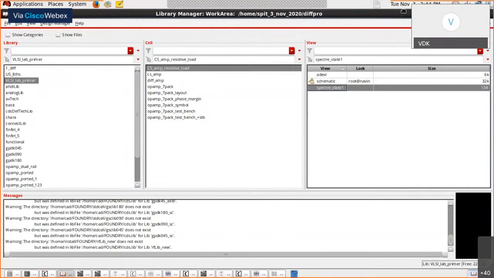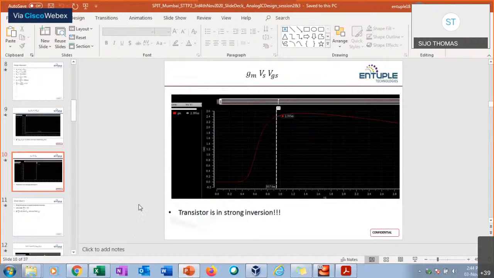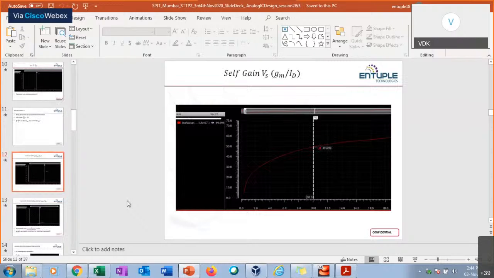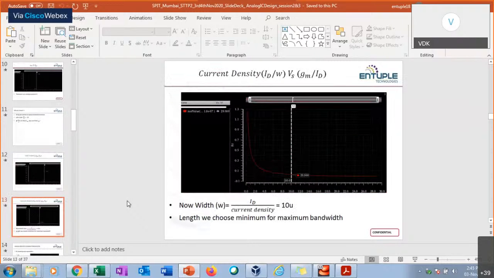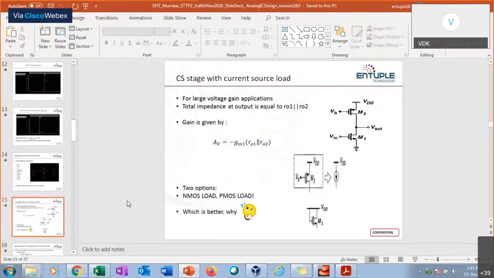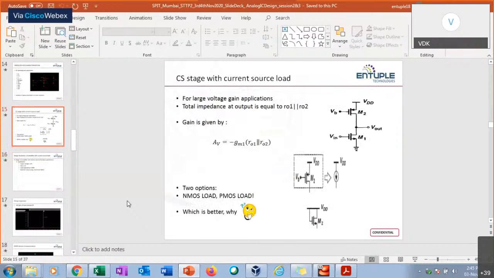So what I did here is to kind of reason it out. If I have a PMOS active current source load, what is the achievable gain? Now the NMOS has a self gain of about 50 in this circuit for an R out of about 15 or 16 kilo ohms.